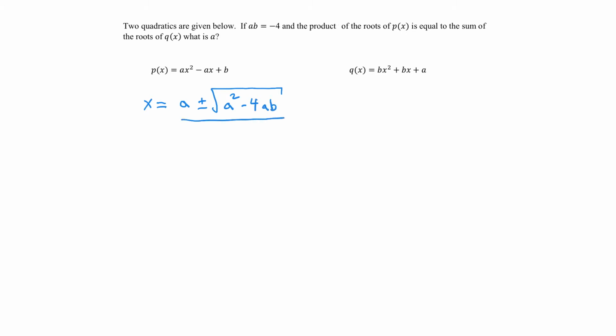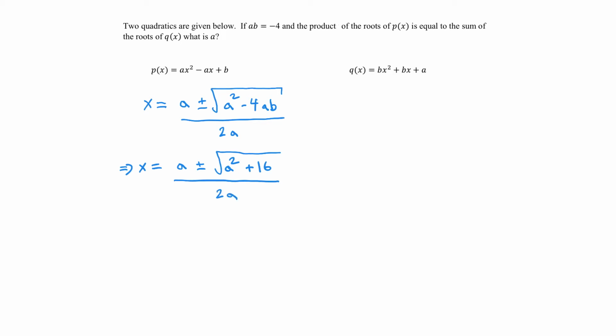And then that's all divided by 2a. So this tells me that x is equal to a plus or minus the square root of a squared plus 16. That's our simplification that we can make. ab is minus 4, so minus 4 times minus 4 gives us the 16.